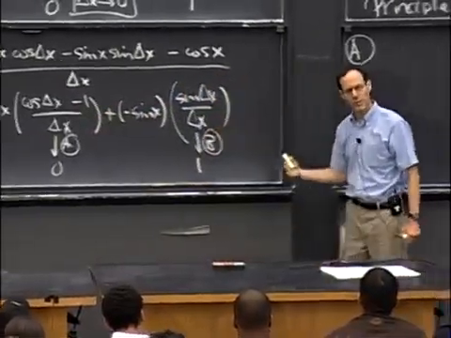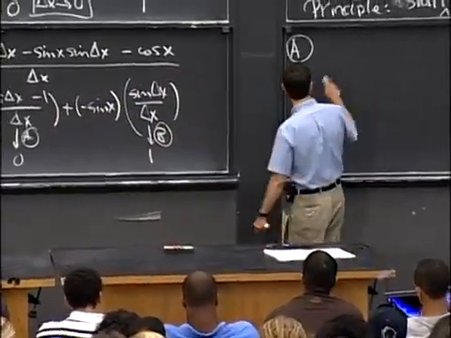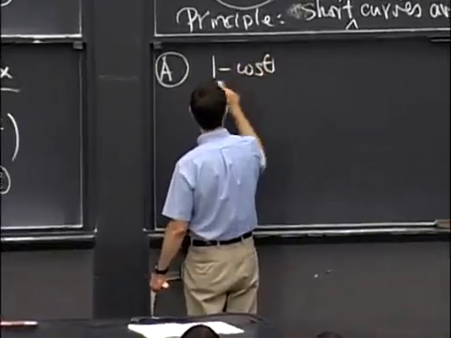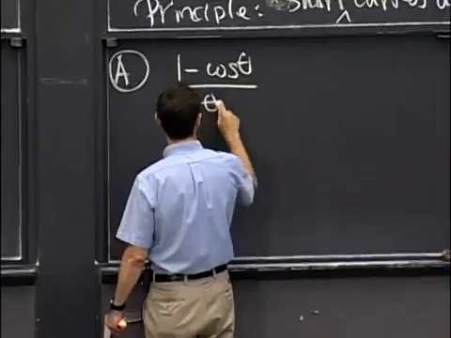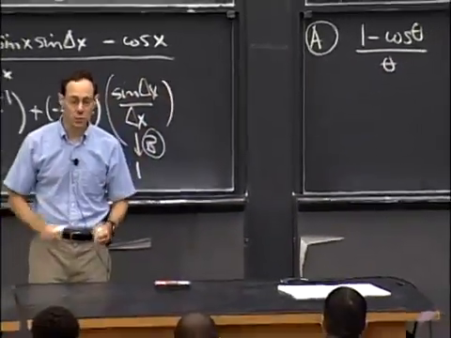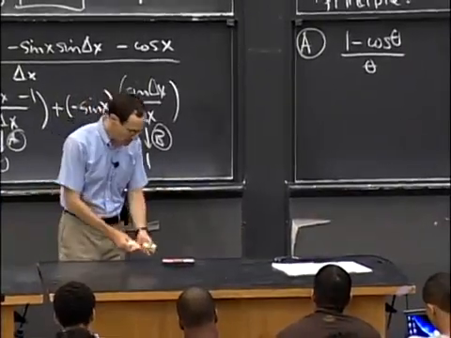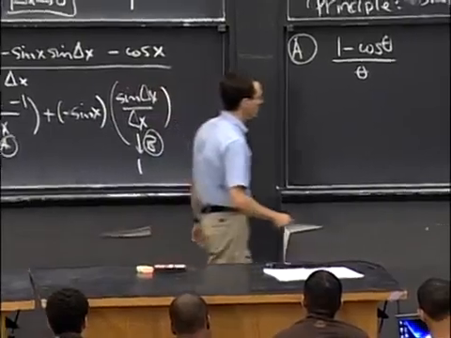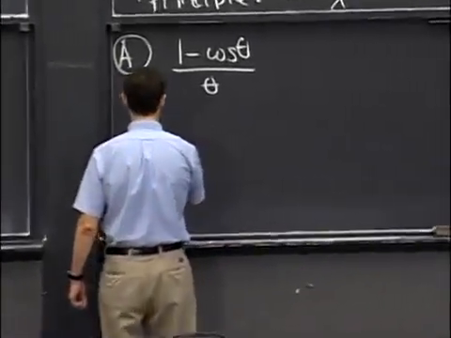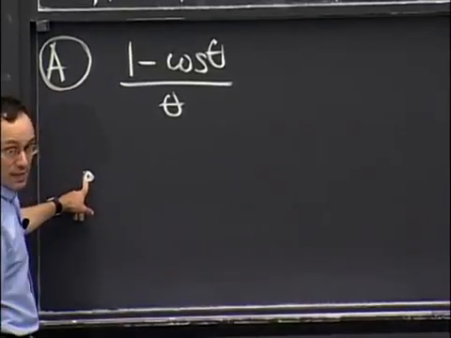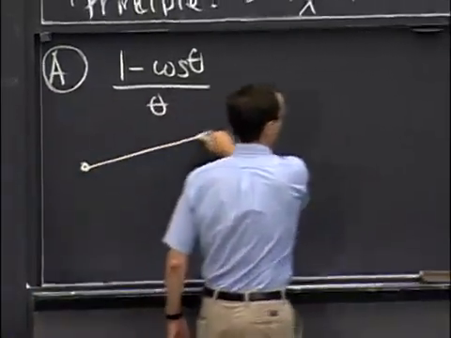If I want to interpret it as a length, I'm going to want a positive quantity. So I'm going to write down 1 minus cosine theta here, and then I'm going to divide by theta there. All right? Again, I'm going to make some kind of interpretation. Now, this time, I'm going to draw the same sort of bow and arrow arrangement, but maybe I'll exaggerate it a little bit. So here's the vertex of the sector, but we'll maybe make it a little longer.